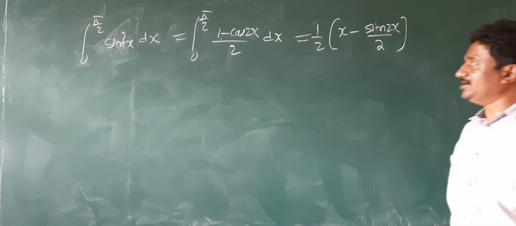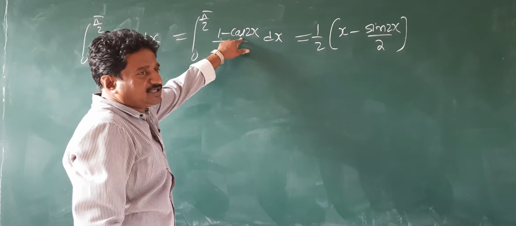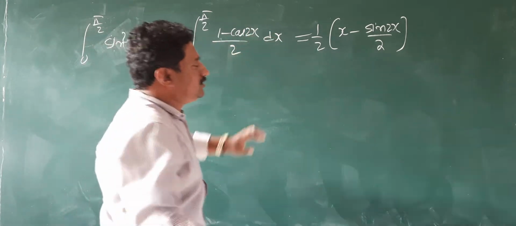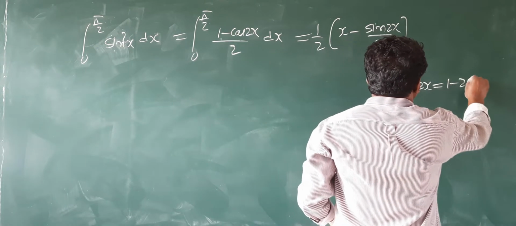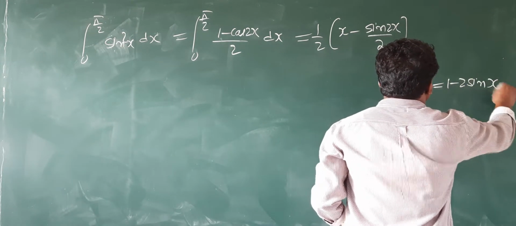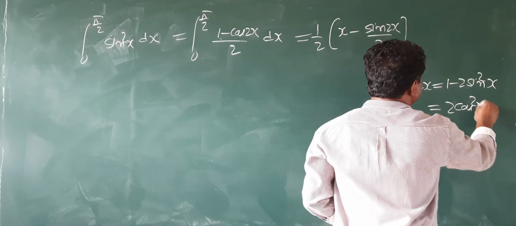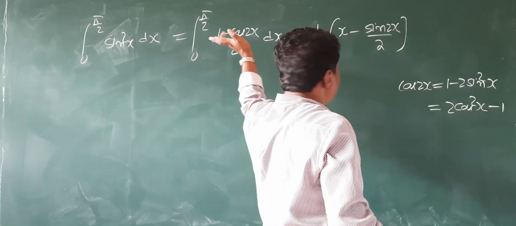Sin square x means 1 minus cos 2x by 2. Cos square means 1 plus cos 2x by 2. Because of this formula, cos 2x is 1 minus 2 sin square x, and also 2 cos square x minus 1. Find sin square from the first and you get the sin square formula.